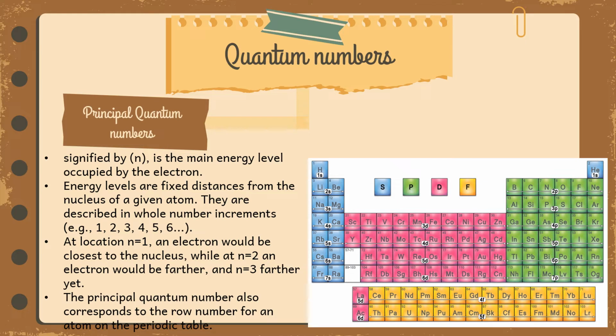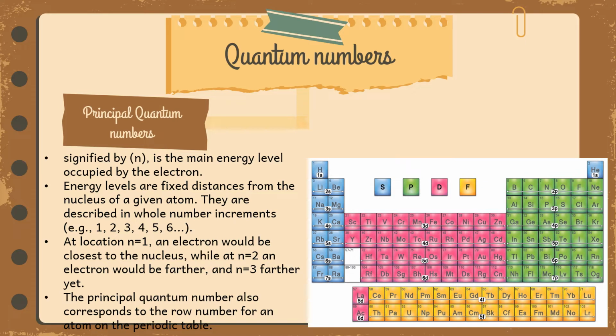So electrons located at n=1 are on the first orbit from the nucleus, while electrons at n=2 are further from the first orbit. Then n=3 is even further from the nucleus. The principal quantum number also corresponds to the rows of an atom on the periodic table, what we call the period.